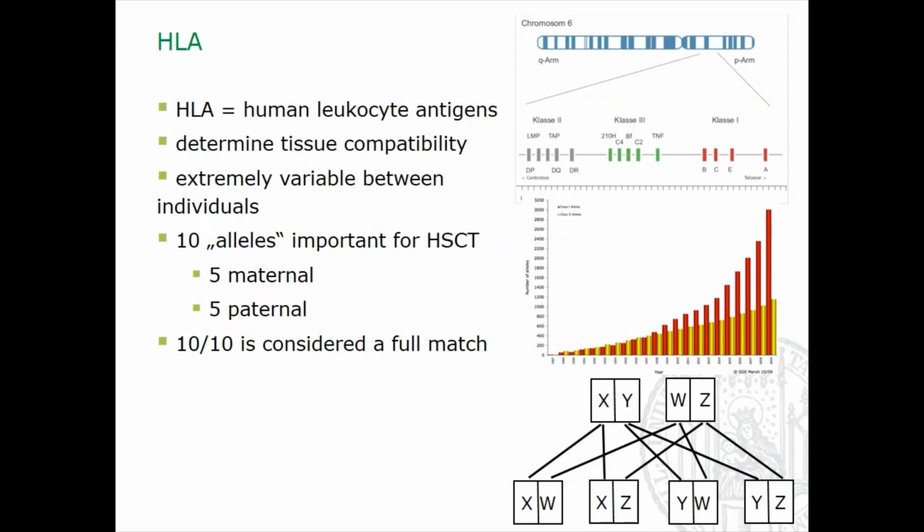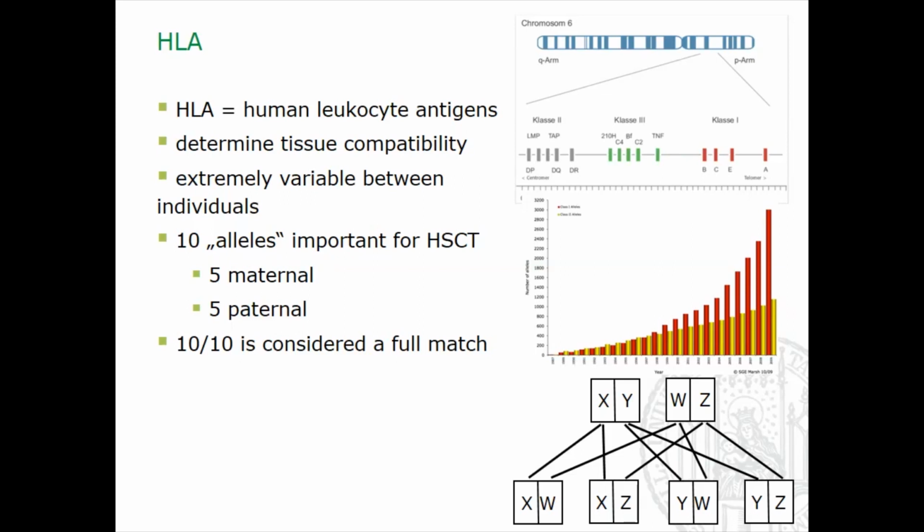These are antigens that were first described in the 1950s because in the blood of pregnant women one could find antibodies against other white blood cells, in this case against white blood cells of their children. And these HLA antigens, which are present on any human tissue, determine whether an immune system can detect this tissue as foreign or self, and therefore they determine tissue compatibility.